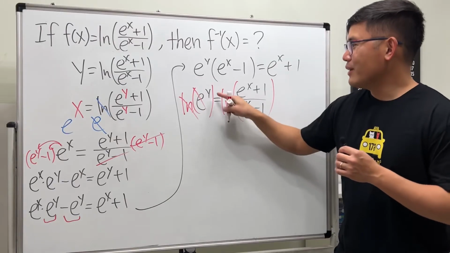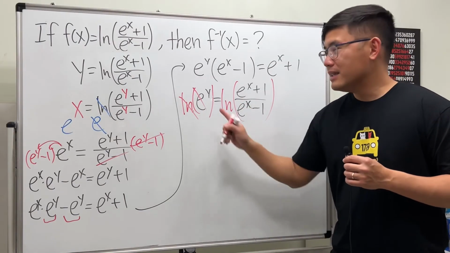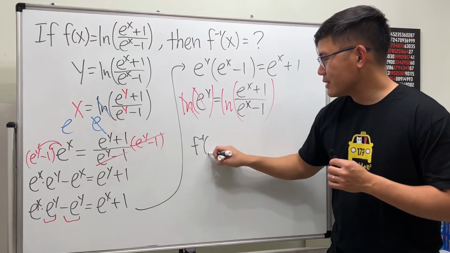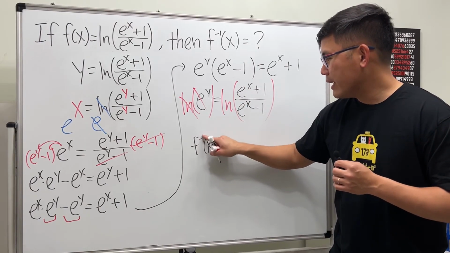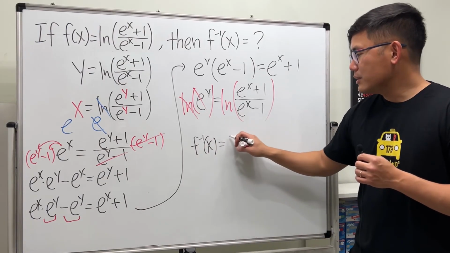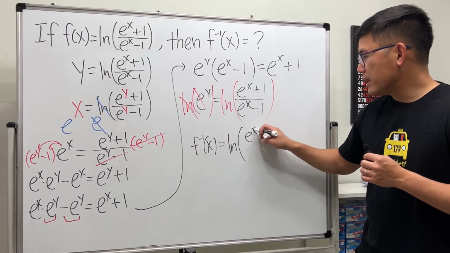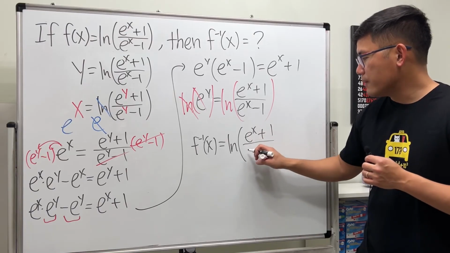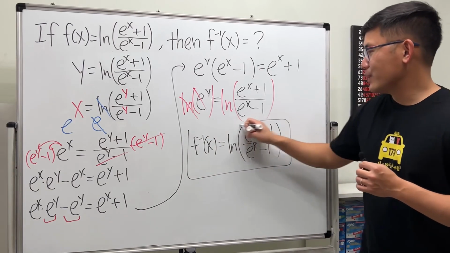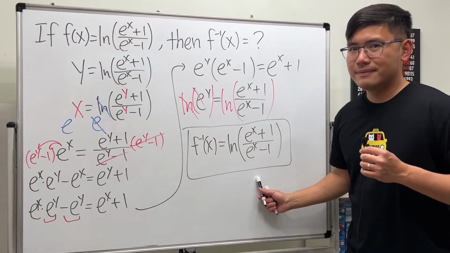This and that cancel, and we got the y by itself, and this y is precisely our inverse. So let's write it in this notation, f with the little negative 1 for the inverse notation. This is just ln of (e to the x plus 1) over (e to the x minus 1). And of course, with this, we are done.